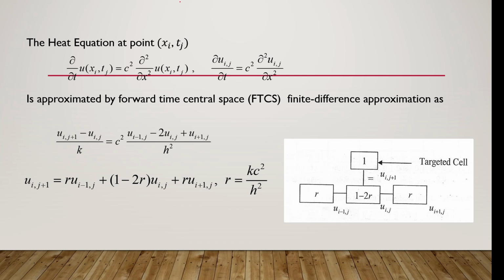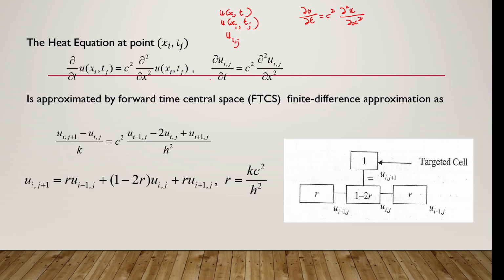So u(x,t), with x discretized as x_i and t as t_j, can be simplified as u subscript ij. That's why the heat equation ∂u/∂t = c² ∂²u/∂x² can be simplified as ∂u_ij/∂t = c² ∂²u_ij/∂x².